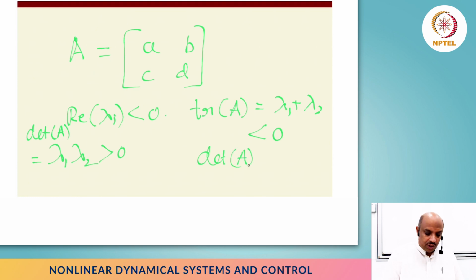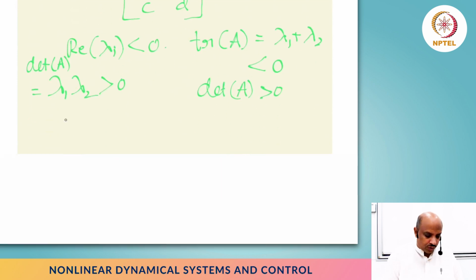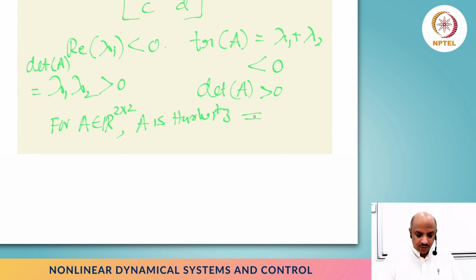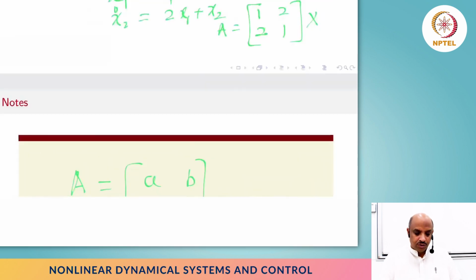So in 2D cases, for A in 2 by 2, A is Hurwitz, meaning all the real parts are negative, if and only if trace of A is negative and determinant of A is positive, okay. So for 2 by 2 systems, one doesn't have to struggle hard, we just have to check the trace and the determinant, and if one of them does not satisfy this condition, then we conclude instability. So that's what I had here.